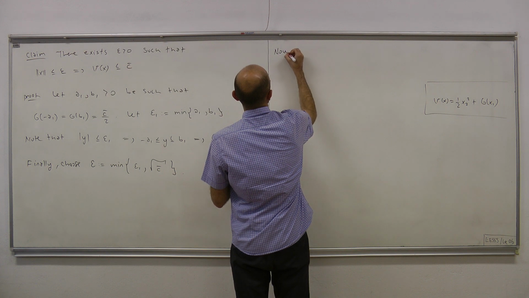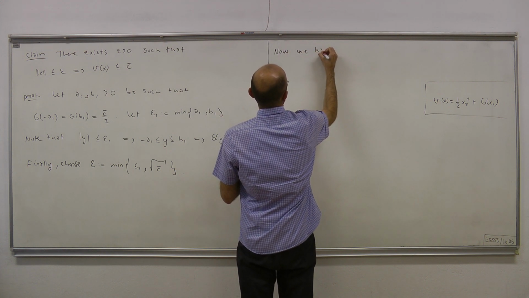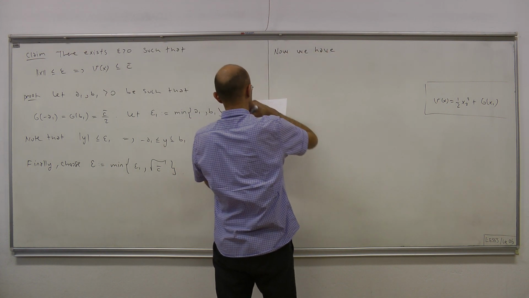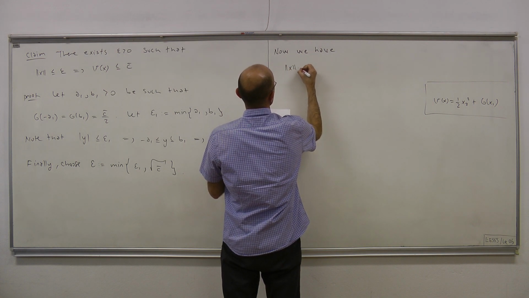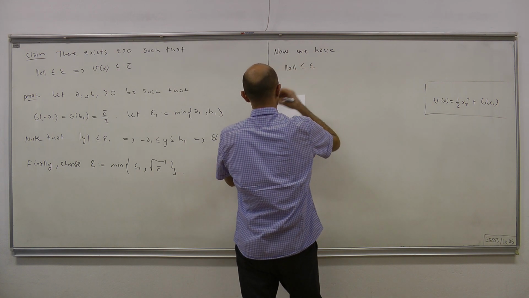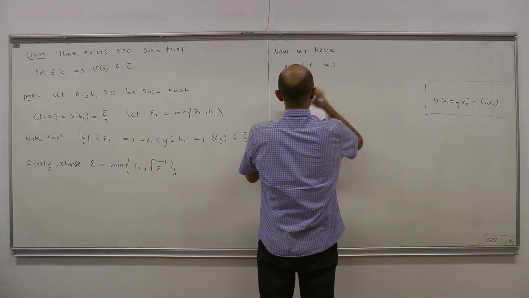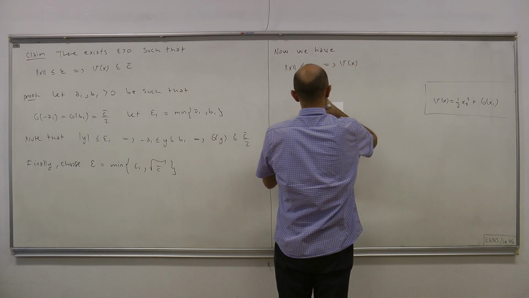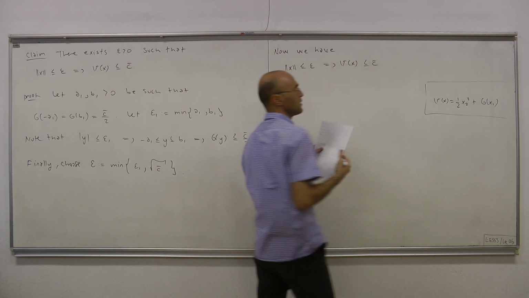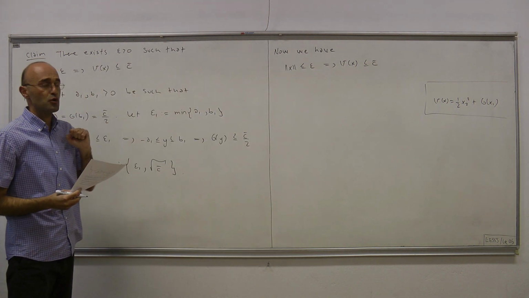We have the following: x less than or equal to epsilon implies v of x less than or equal to c bar. So that's what we're trying to show.